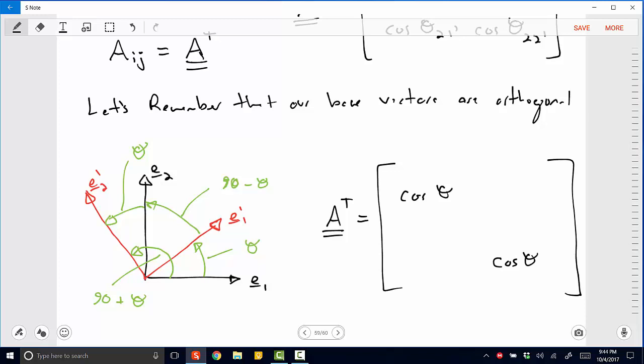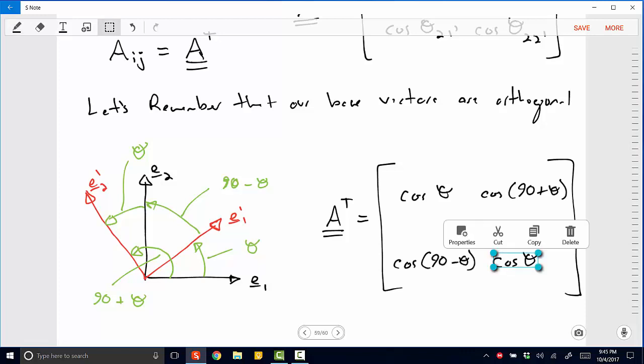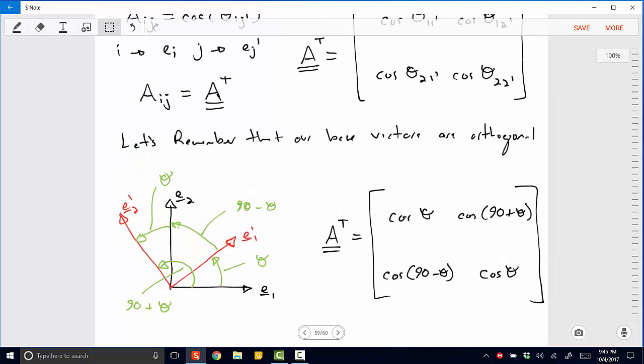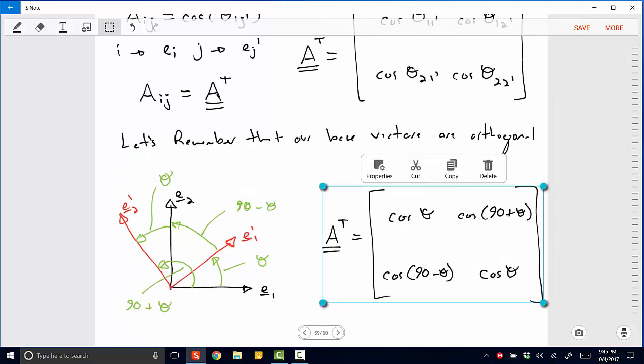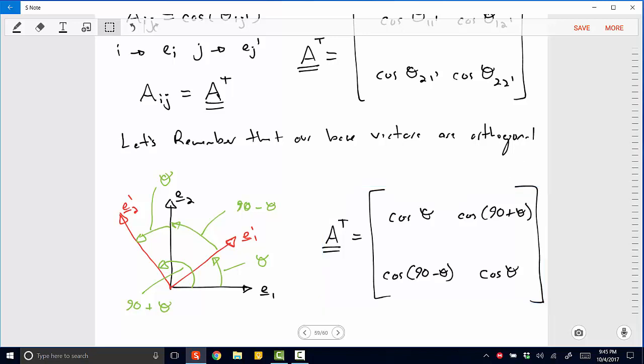The angle between E1 and E2 prime, cosine of 90 degrees plus theta, and the angle between E2 and E1 prime, cosine of 90 degrees minus theta. So now we have this transformation tensor in terms of that angle theta. And then we can do a little bit more with it. We can replace these cosine 90 minus theta and 90 plus theta.